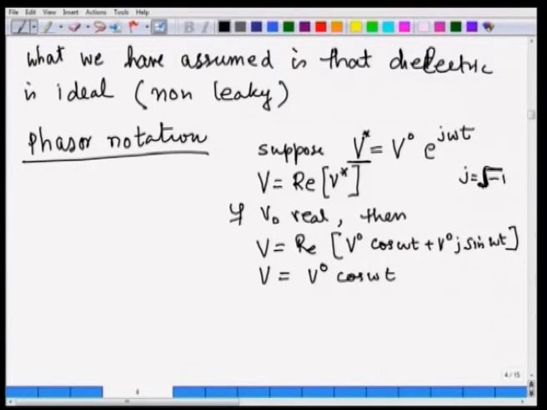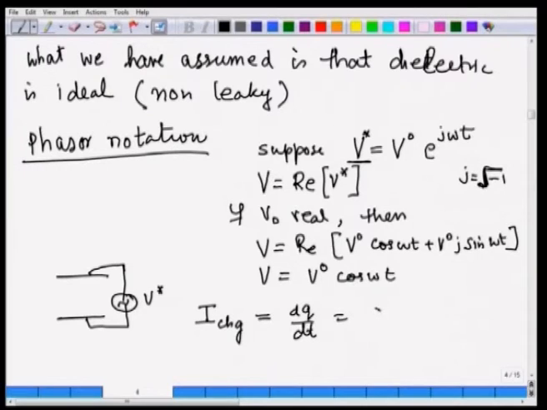Then what happens to the capacitor? That is the question. If I take a capacitor and apply AC voltage V star, I get a charging current, which will be given as dq by dt, which is d(CV) by dt, which is C dV by dt.